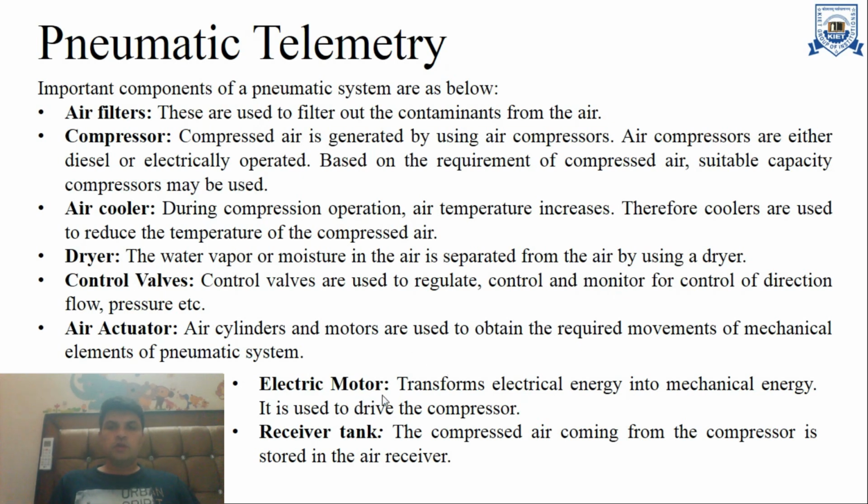Then there is an electric motor which transforms electrical energy into mechanical energy. It is used to drive the compressor. Then here is the receiver tank. The compressed air coming from the compressor is stored in the air receiver tank.